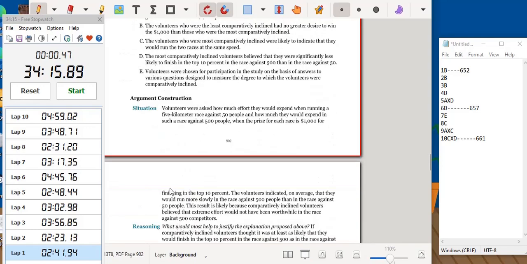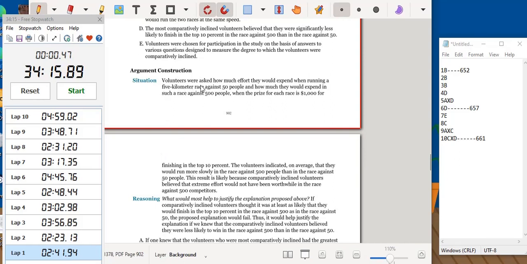Okay. The situation is the volunteers are asked how much effort they would expend when running a 5 kilometer race against 50 people and how much they would expend in a race against 500 people when the prize for each race is $1,000 for finishing in the top 10%.